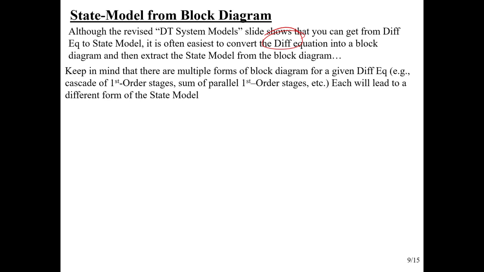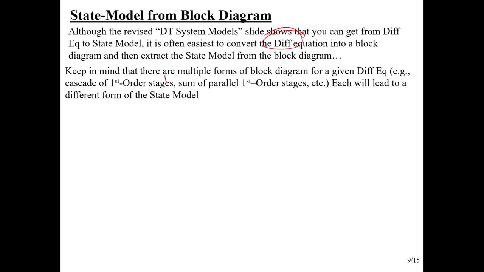Now also keep in mind that just like the state model, there is no unique block diagram. You may have seen this in a DSP class or maybe in your signals and systems class, but maybe not. There are many different ways that I can write a block diagram for an nth order differential equation.